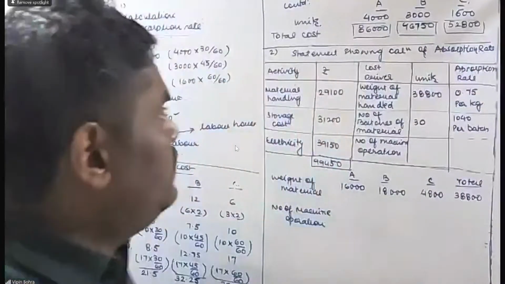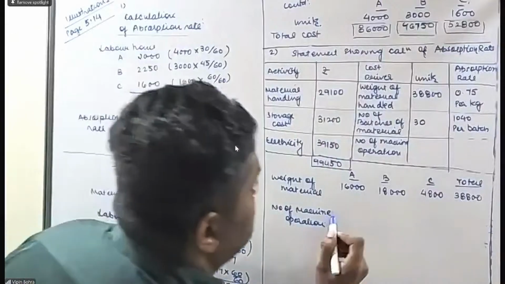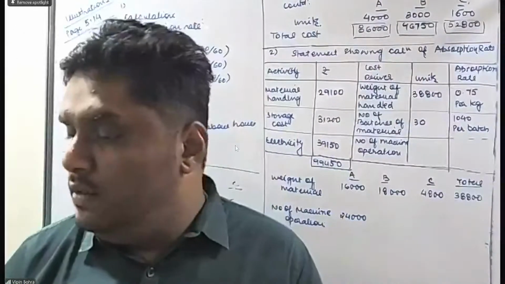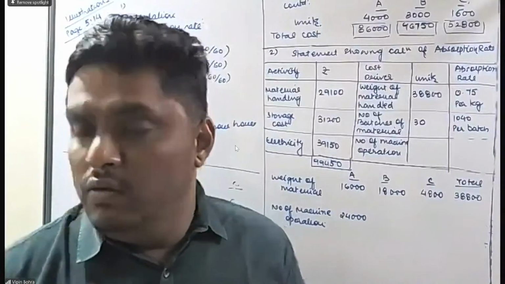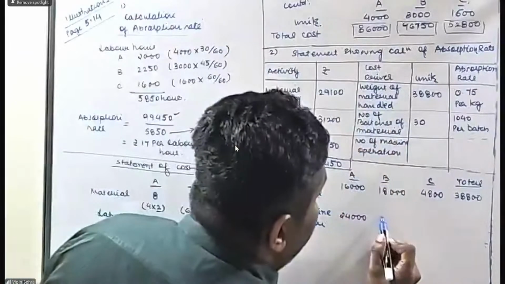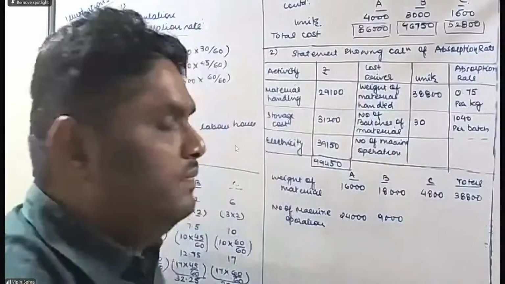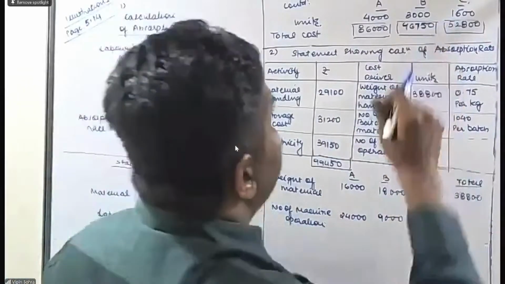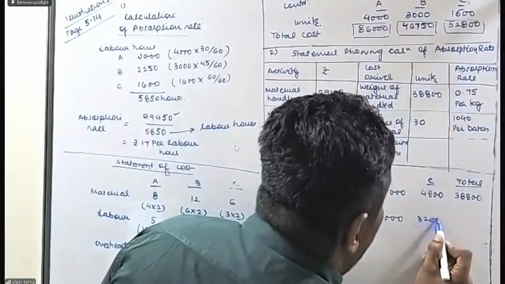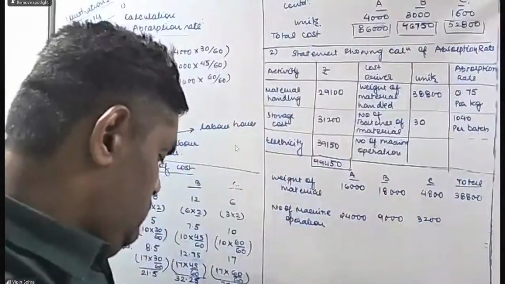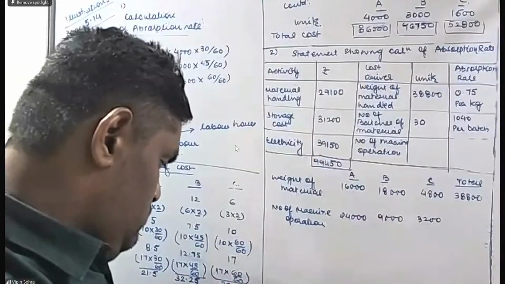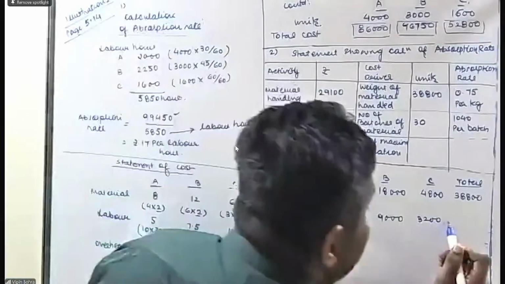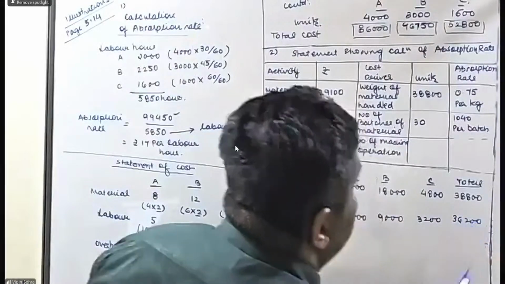So 6 into 4,000 units, that is 24,000. 3 into 3,000, that is 9,000. And for this, it is 2, so 1,600 into 2, that is 3,200. So this will be 36,200.